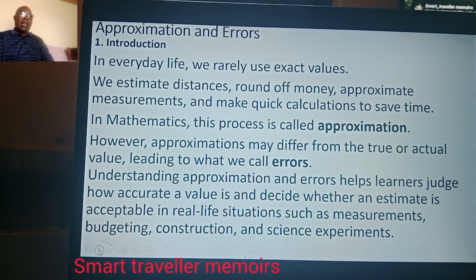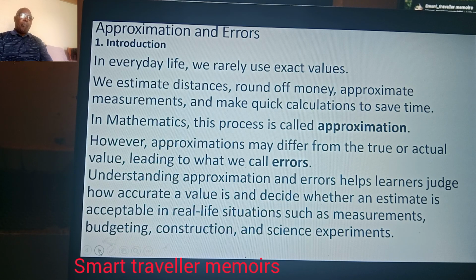In everyday life, we rarely use exact values. We estimate distances, round off money, approximate measurements, and make quick calculations to save time. In mathematics, this process is called approximation.